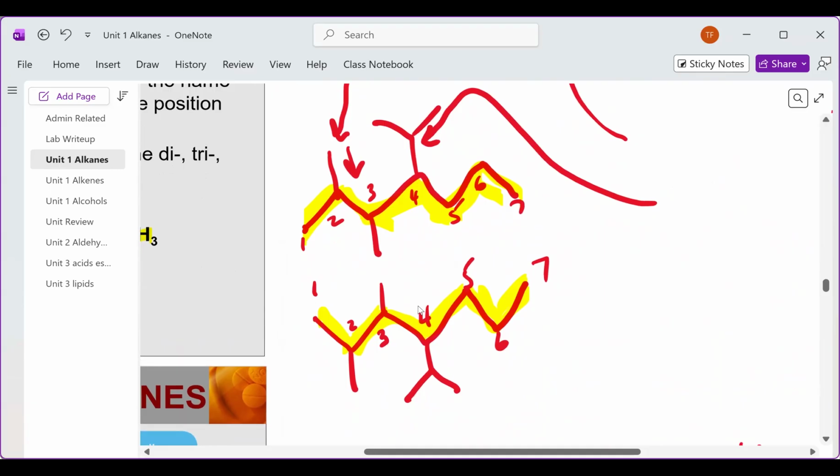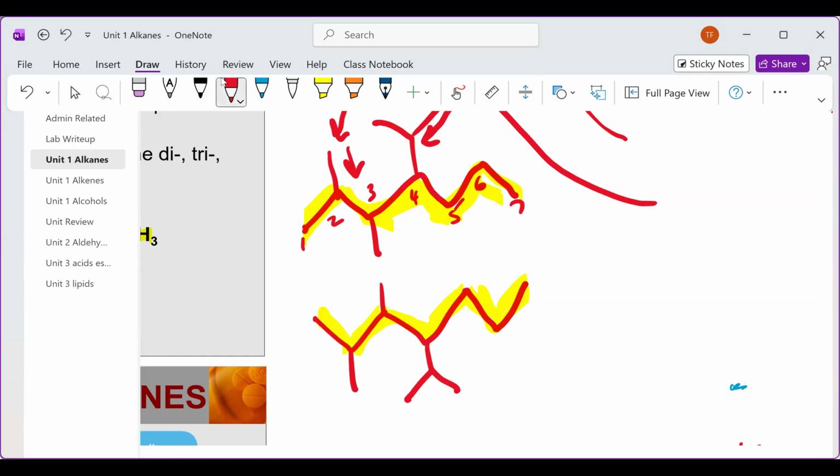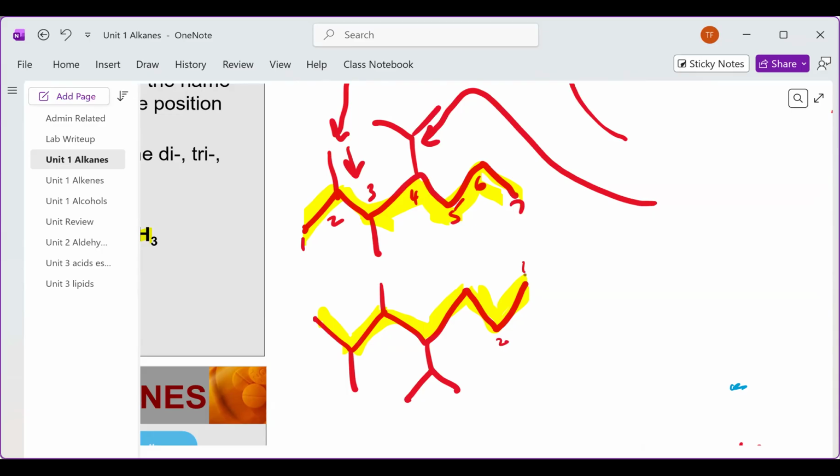And let's do this in blue. Okay, so lettering from the left on the top one. Let's number from the right on the bottom one. And let's do it in blue.